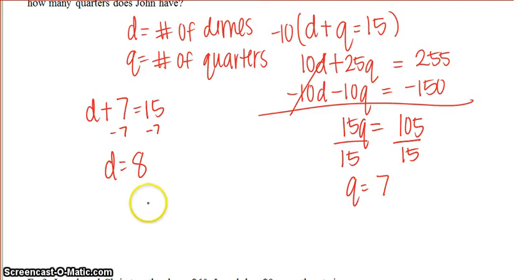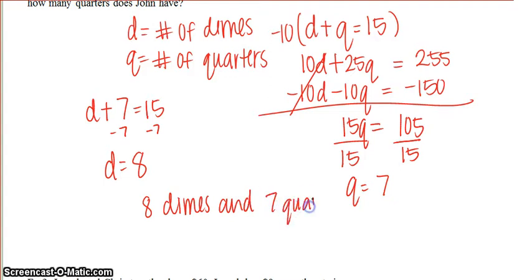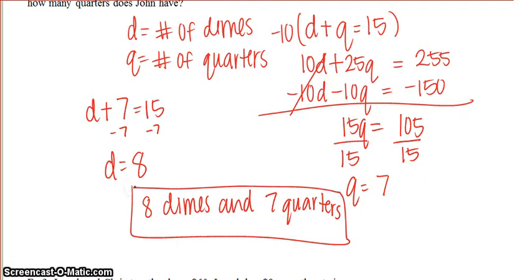He had 8 dimes. It doesn't have to be a complete sentence, but 8 dimes and 7 quarters. We're not doing an ordered pair. Why? Because everyone possibly picked different variables, so we don't know which one would be in alphabetical order. So there we go. That is my answer.